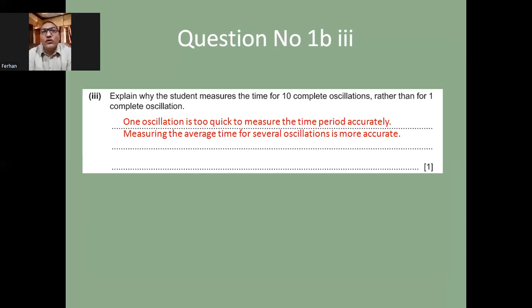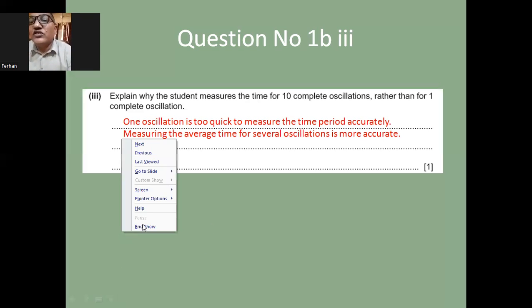By doing so, we take the average time for one swing, and the effect of the reaction time will be reduced on the measurement. So the answer I wrote is: one oscillation is too quick to measure the time period accurately. Measuring the average time for several oscillations is more accurate. So this is my answer.